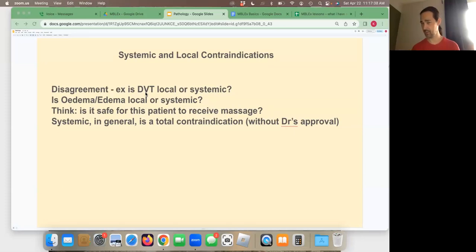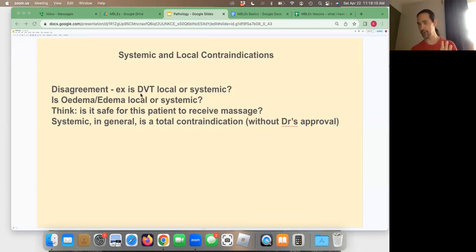What about other kinds of thromboses, where there are blood clots in some blood vessel? Is that local, or is that actually systemic? Well, if it breaks off, it travels. It's systemic for sure. But this is an example of something that you could consider systemic, even though it looks like maybe there's only one small area of the leg that's painful, swollen, perhaps red. Still, it is systemic because the entire system is being affected.